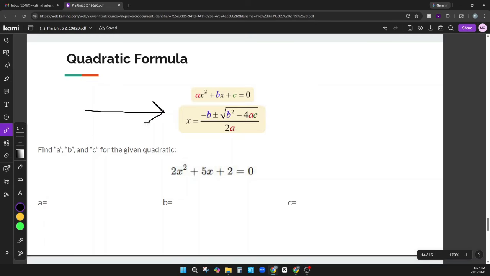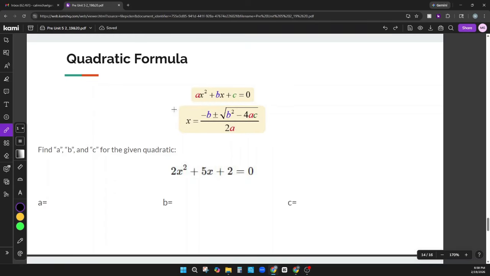This is the last formal lesson we're going to be doing for quadratics in this class before we get into our new unit. So the quadratic formula is as follows: x is equal to negative b plus or minus the square root of b squared minus 4ac, all over 2a.